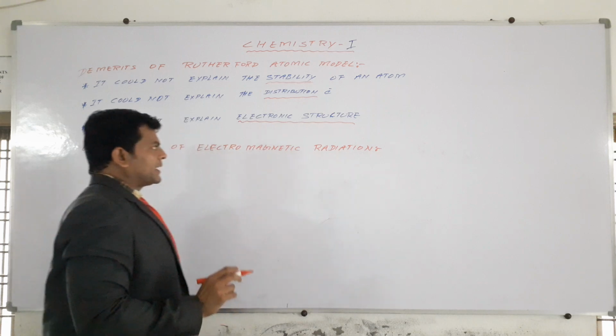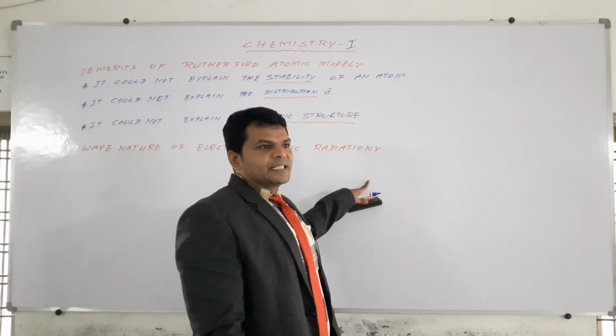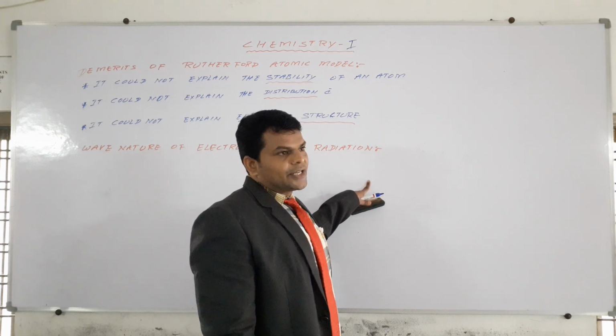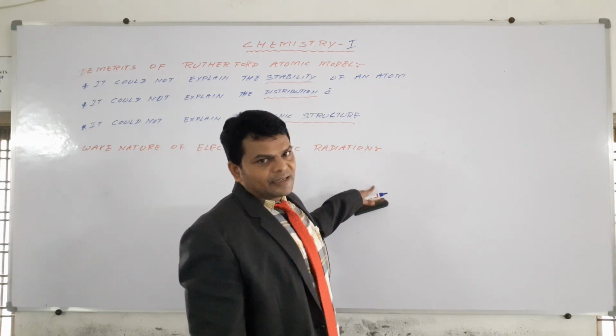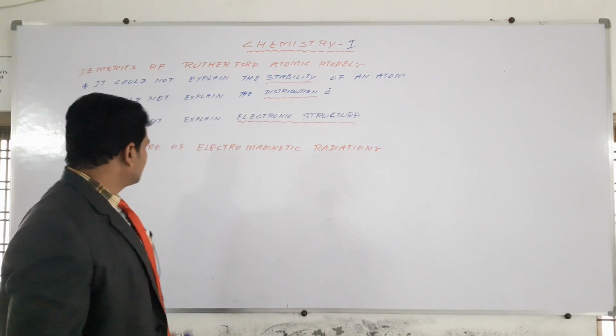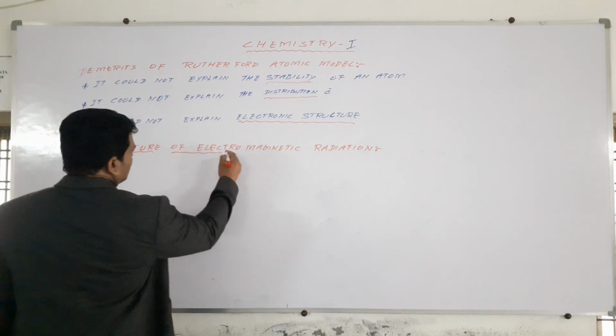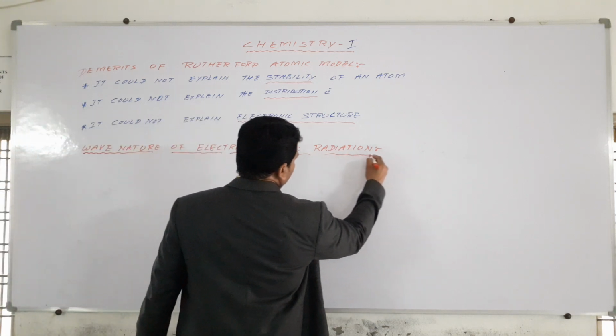Electromagnetic radiation is the combination of electric and magnetic fields. Radiation is nothing but light. So now we are going to discuss the wave nature of electromagnetic radiation.